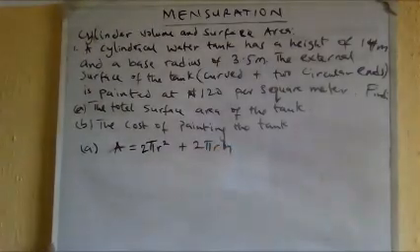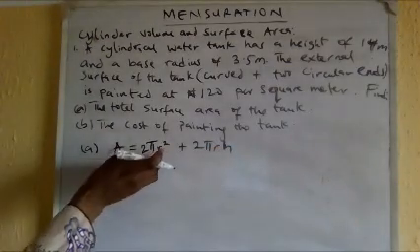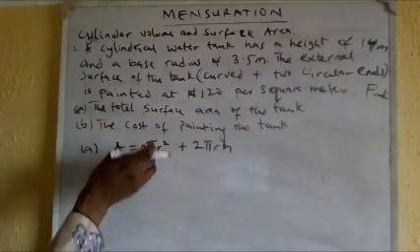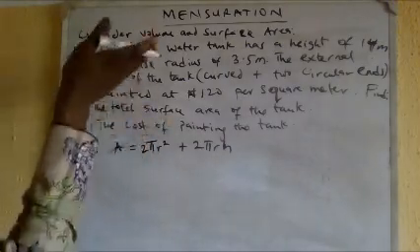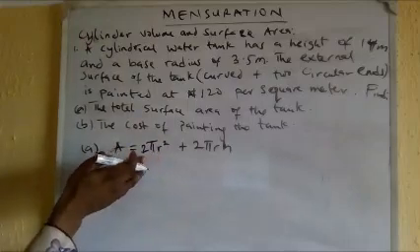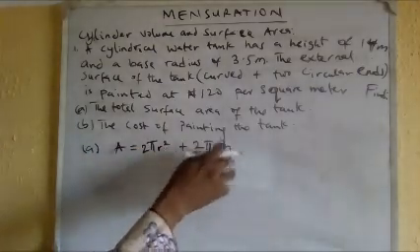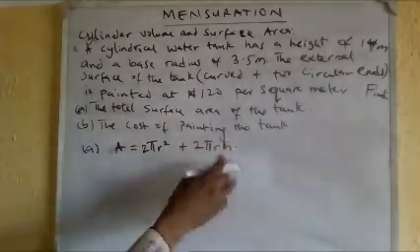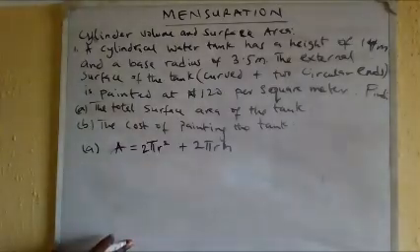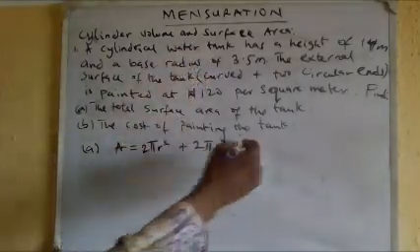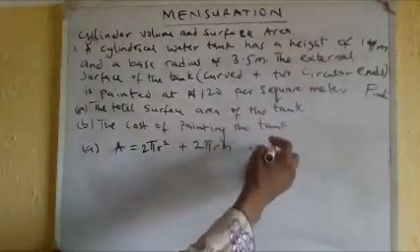Remember, this one is the top circle and the bottom circle, the two of them. That's why it has two, the area of the two of them. And this one is the area of the curved body. So just put in the parameters. You are given something there.